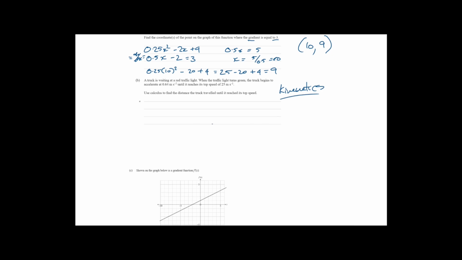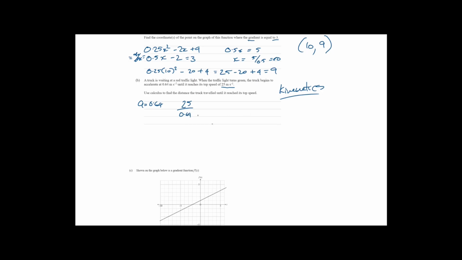So we're given that the acceleration is 0.64, and we don't know what the time is, so that's irrespective of what the time is. So we need to know how long it's going to take to get to 25 meters per second. Well, velocity, so it's going to be 25. So we start at 0. It's going to be 25 divided by 0.64.